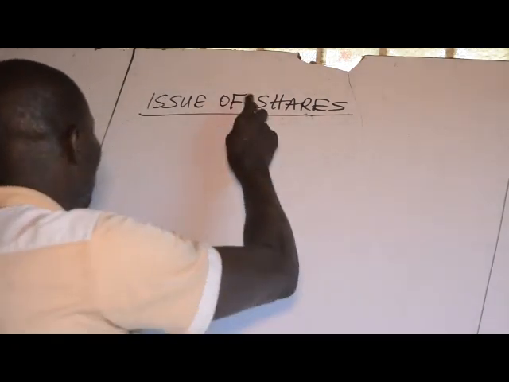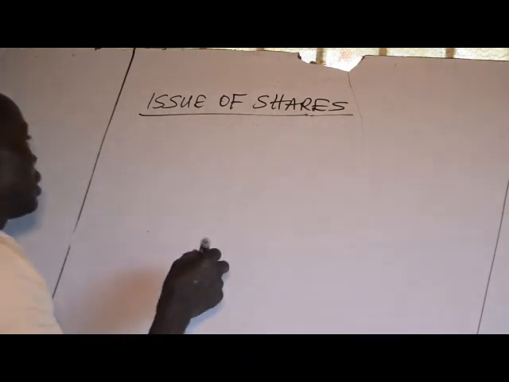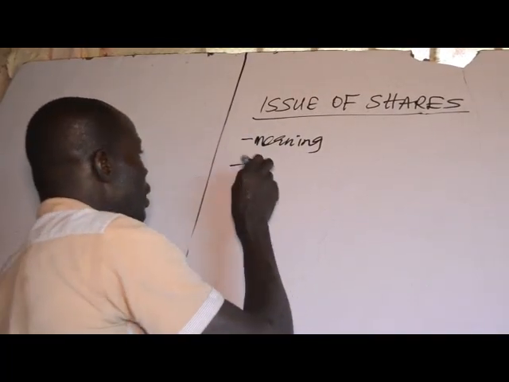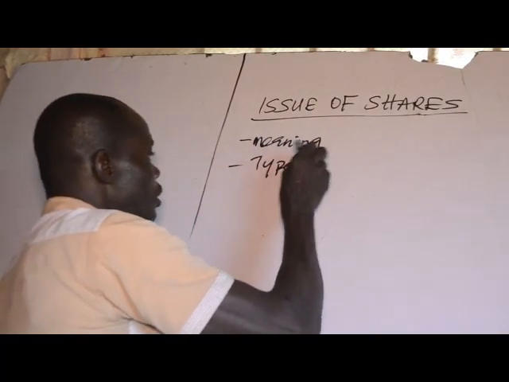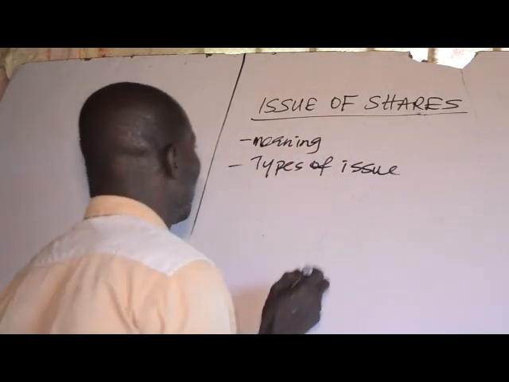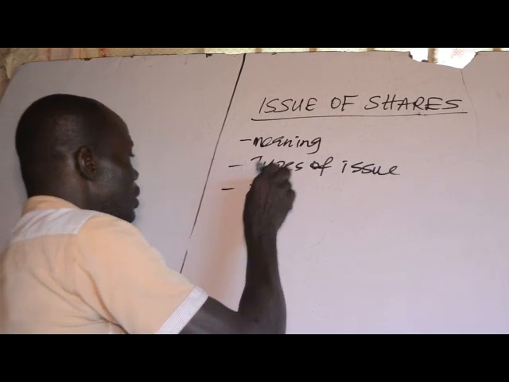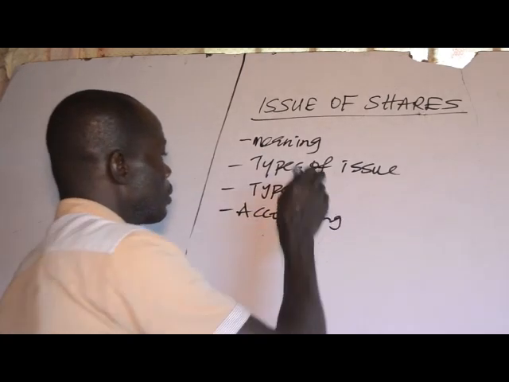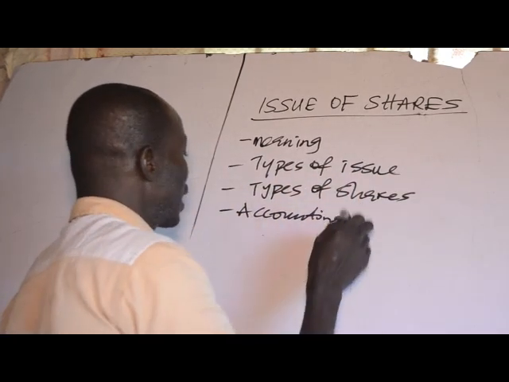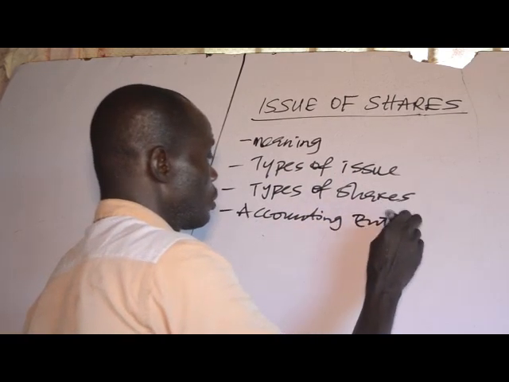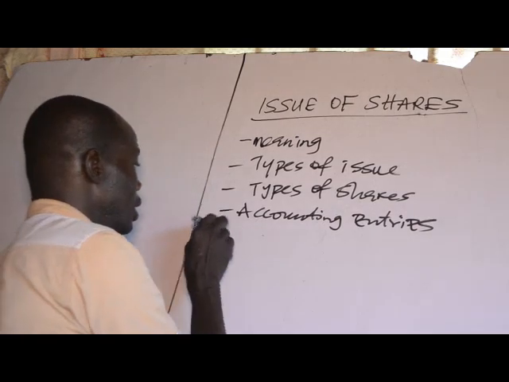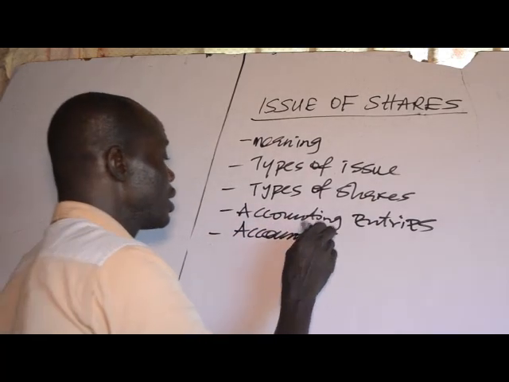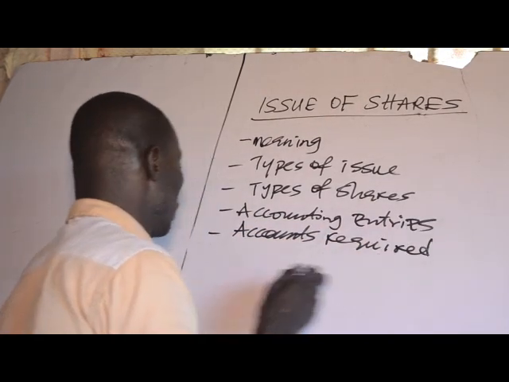Issue of shares. In this presentation, I will examine the following: the meaning of issue of shares, types of issues, types of shares, accounting entries in relation to issue of shares, then the various accounts required on issue of shares.